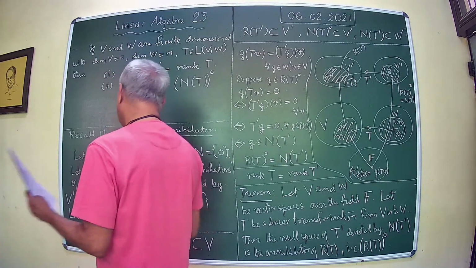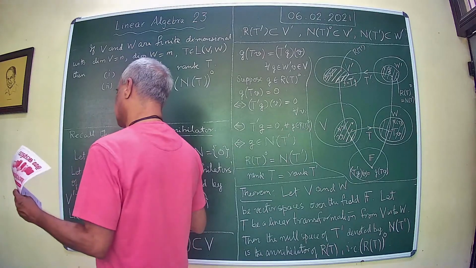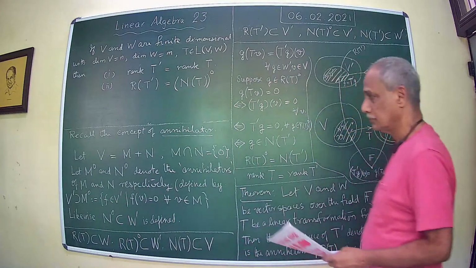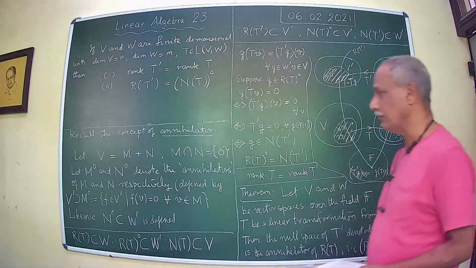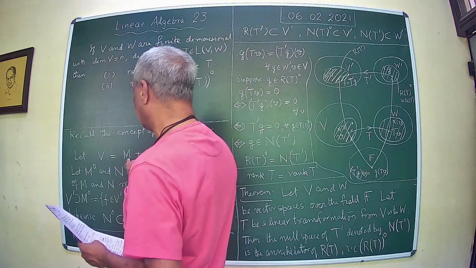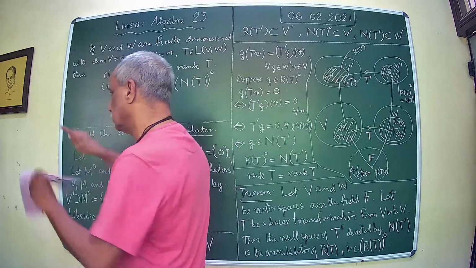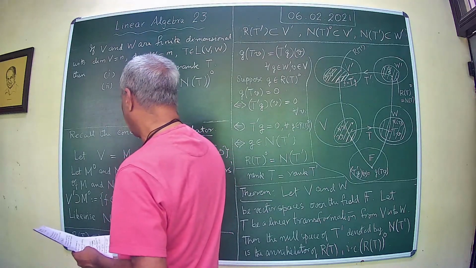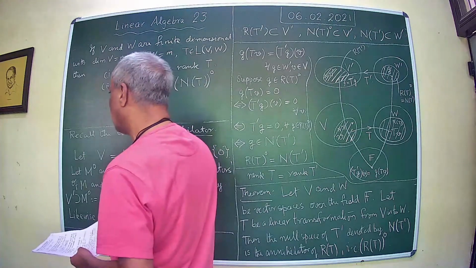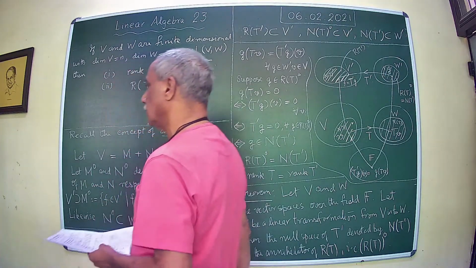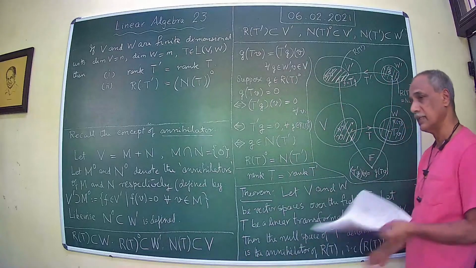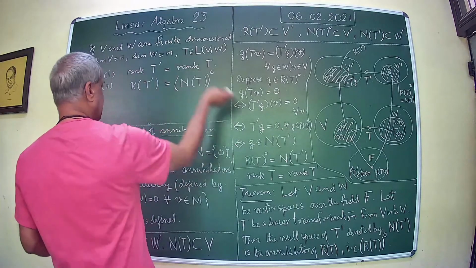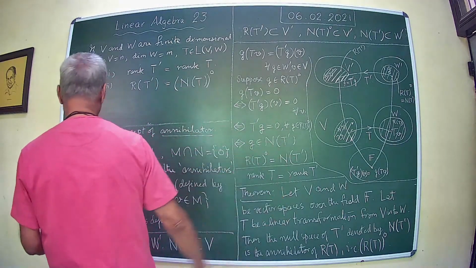If M enlarges, then the annihilator becomes smaller. And the extreme case is that when M consists of only the zero vector, then M naught is the whole space. Whereas if M is the whole space, then M naught consists of only the zero vector. So these are the connection between the two. These are expected results. That's what we just explored.